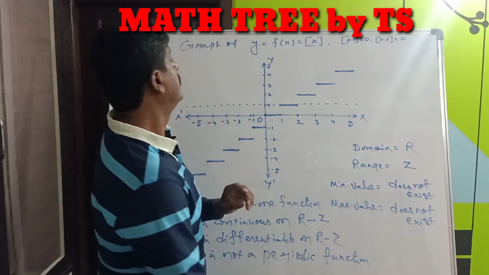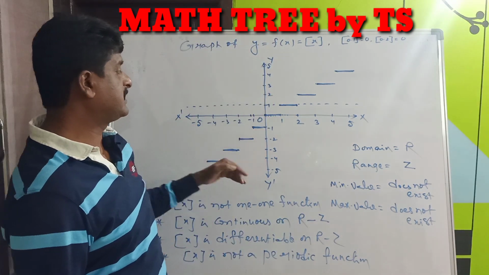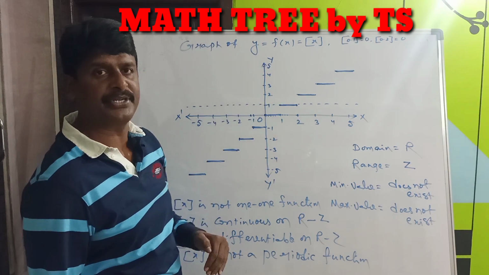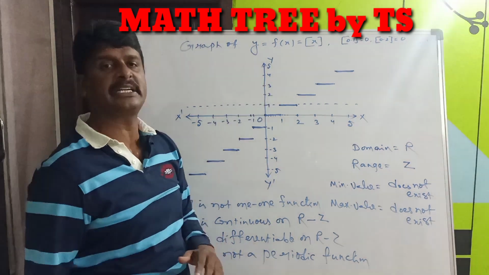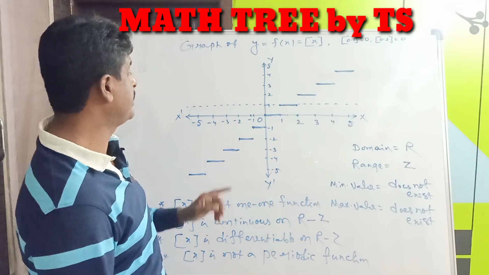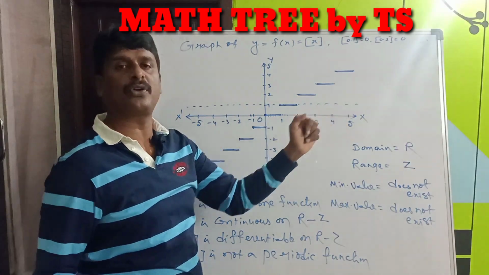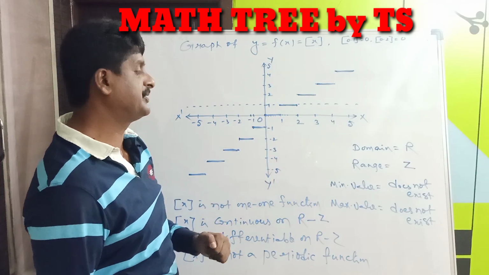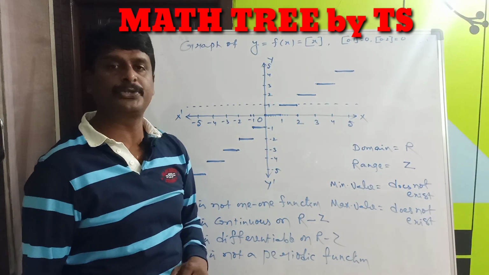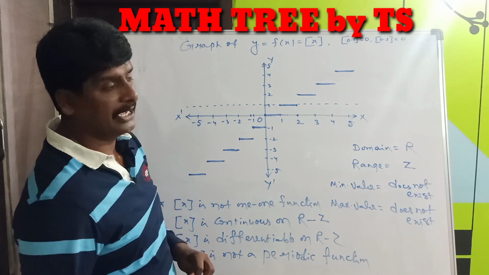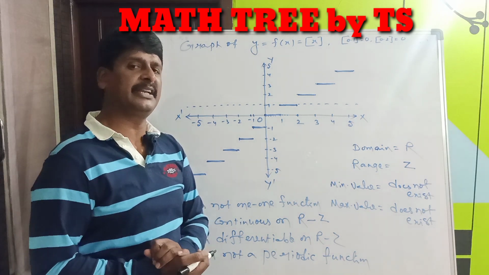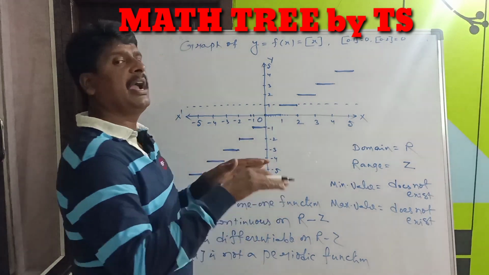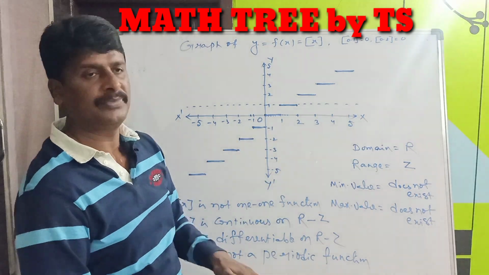Observe that the graph of step x is looking like steps. The graph of the greatest integer function looks like steps. That's why it is called a step function. It is defined for all real numbers. Its domain is R, its range is Z, and minimum and maximum values do not exist. And is it increasing or decreasing? As x values are increasing, y values are constant.